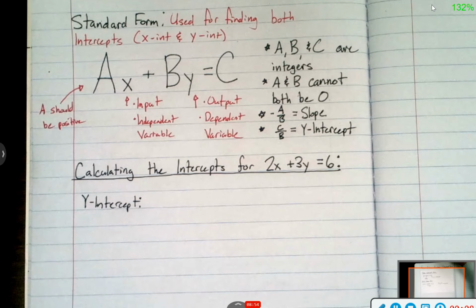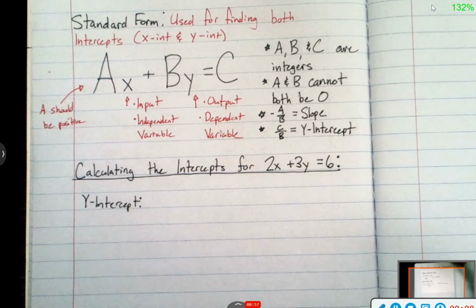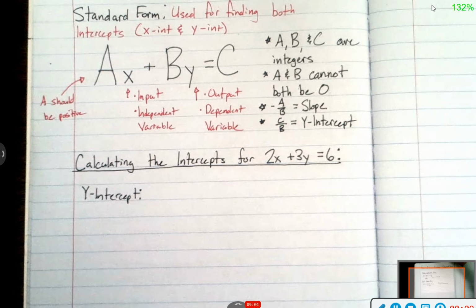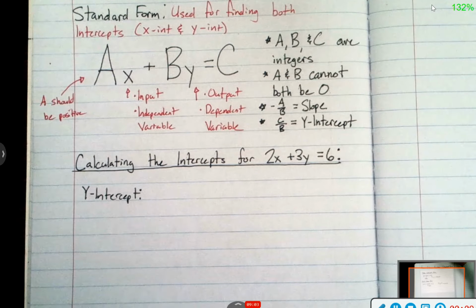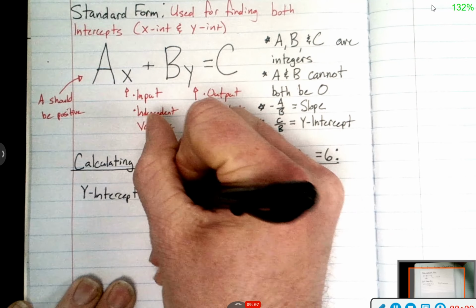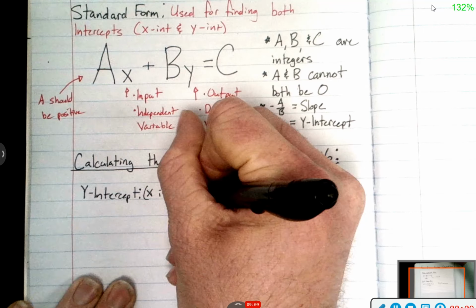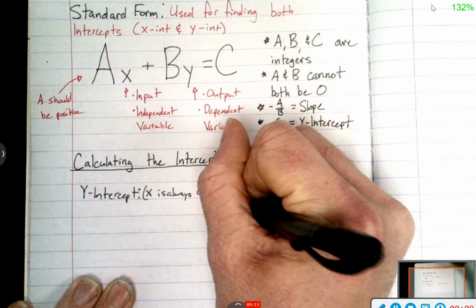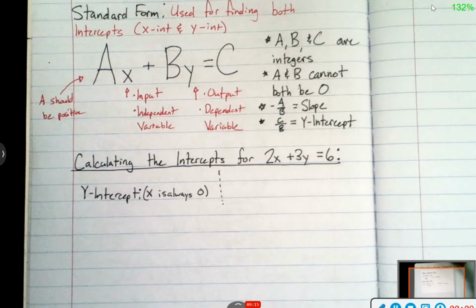Knowing that fact, we can actually take that information and use it in this form to relatively easily calculate our y-intercept. X is always 0. This is relatively important information to understand about your y-intercept.